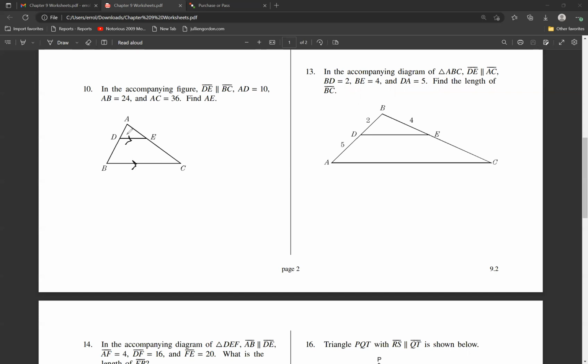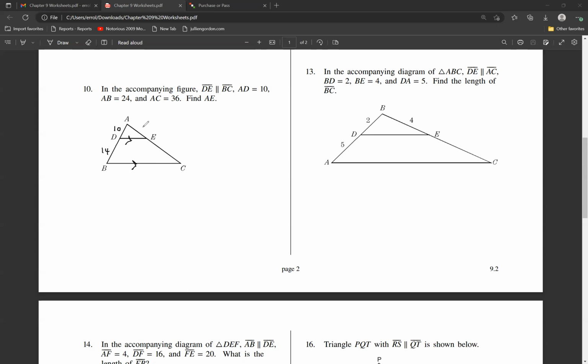AD is 10, so this little bit right here is 10. And AB is 24. What's BD? If the whole thing is 24, what is DB? 14. There you go, 14.